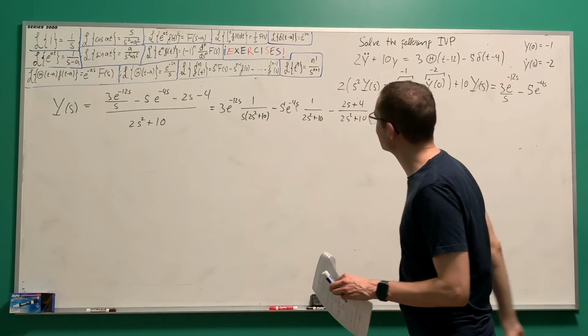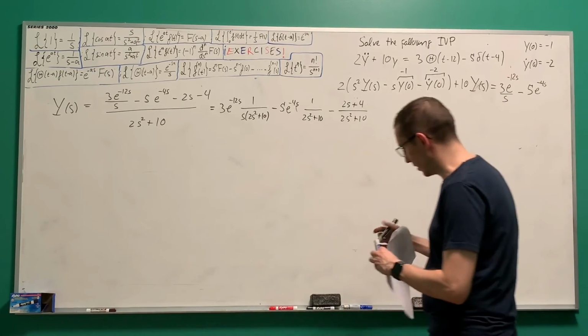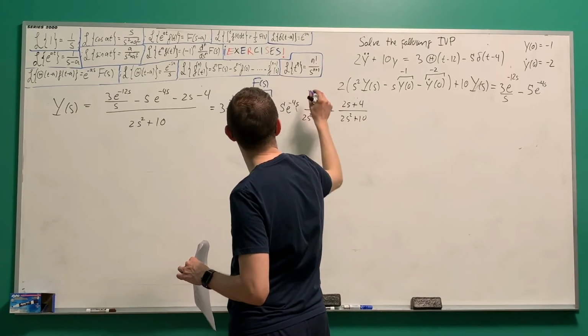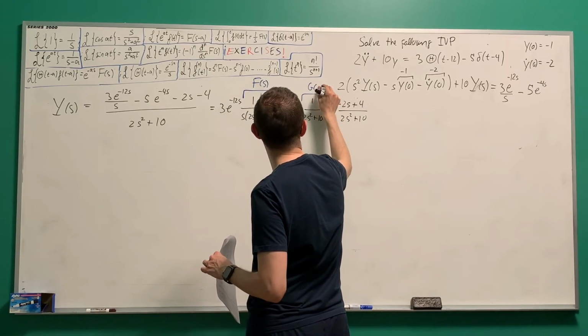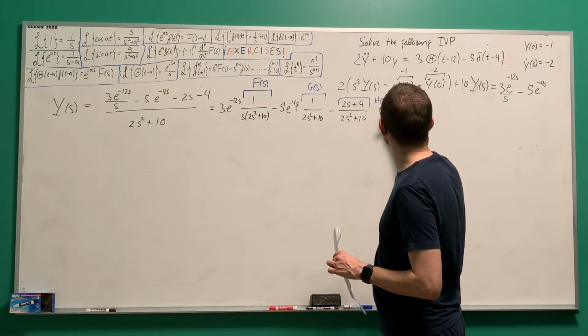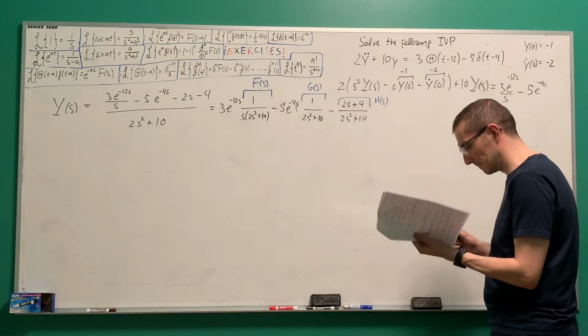The minus affects the 4. Alright, so I call this thing F(s), I call this thing G(s), and I call this thing H(s). Okay?